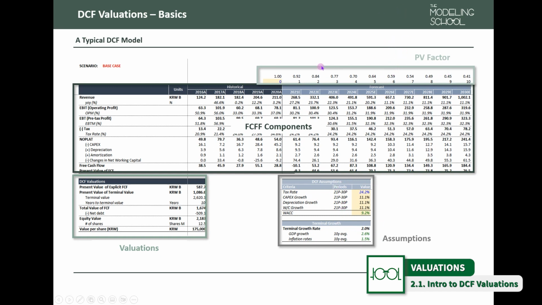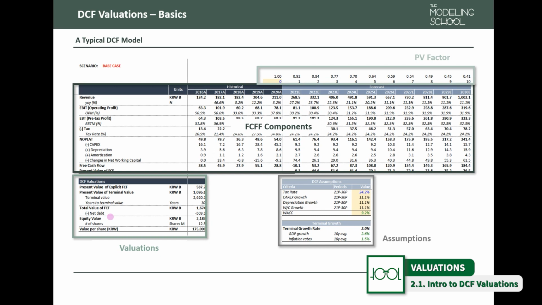Number 3, we usually calculate the present value factor. We're going to explain this when we get to our Excel spreadsheet. Lastly, there's a column for the actual valuation. We derive enterprise value, then calculate equity value, and lastly equity value per share, because that's what you really want to know.